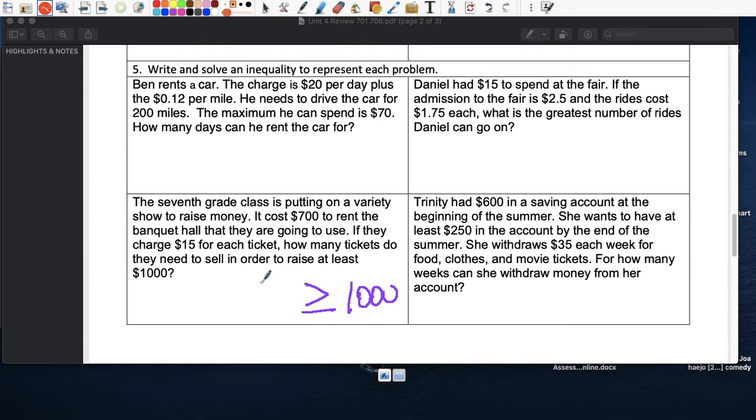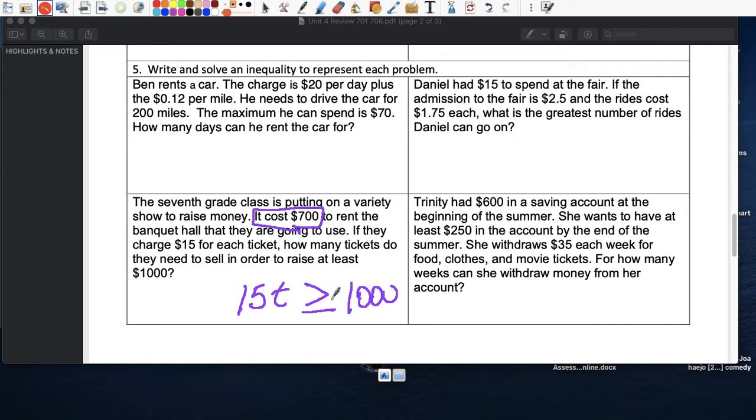So the 700 doesn't come into play here. It's not going to come into play because, listen, here's each ticket, $15 per ticket.